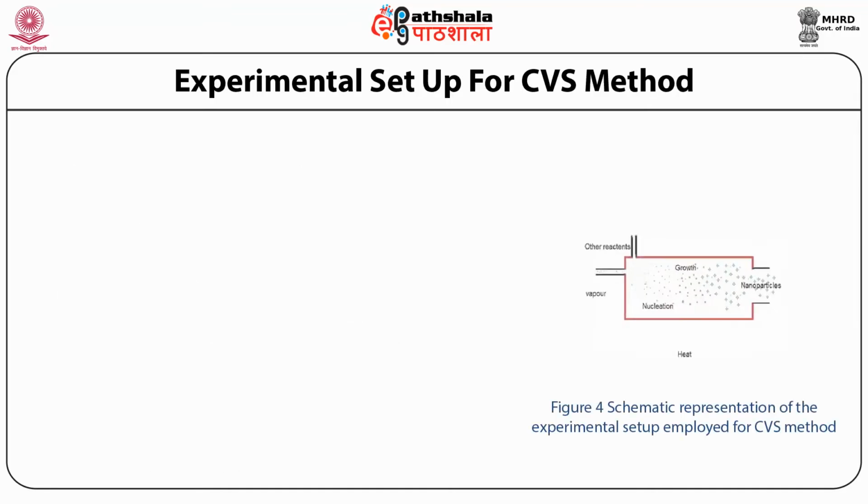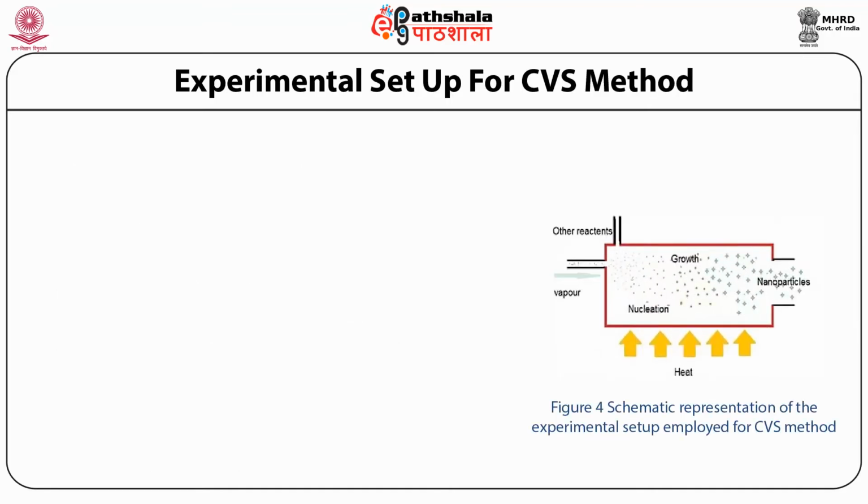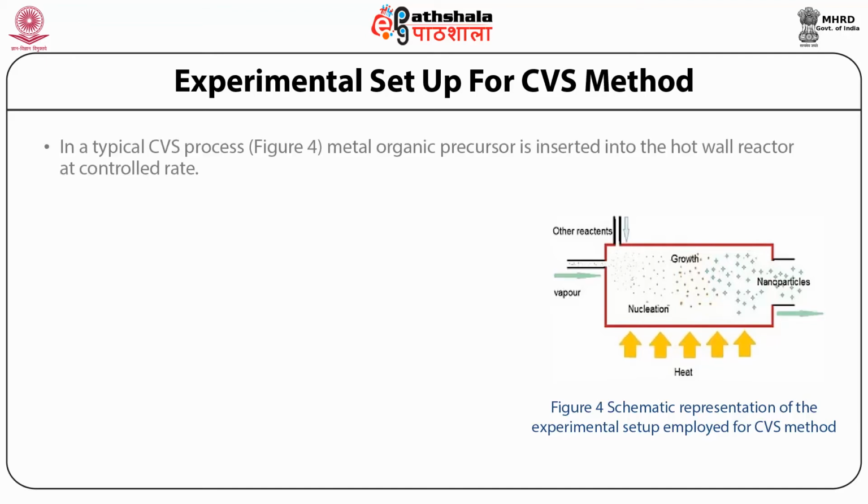Figure 4 shows the schematic representation of the experimental setup which is employed for the CVS method. In a typical CVS process, a metal organic precursor is inserted into the hot wall reactor at a controlled rate.